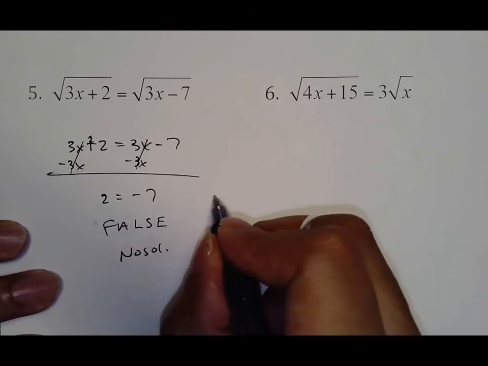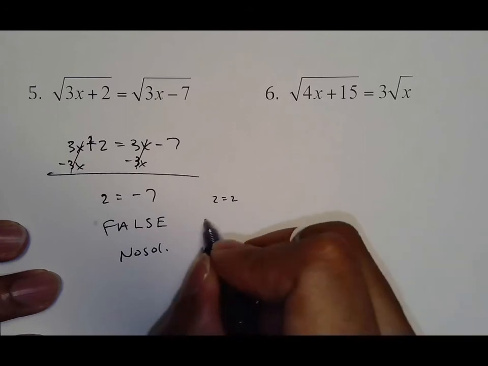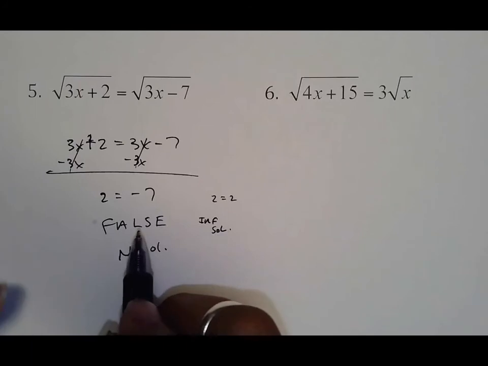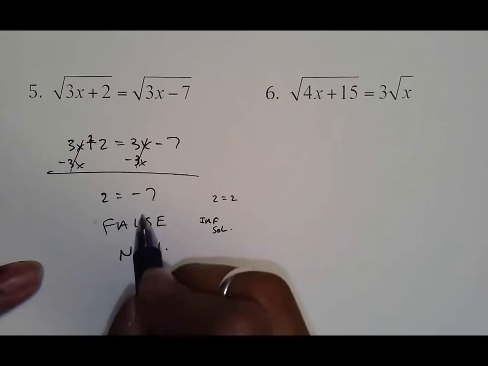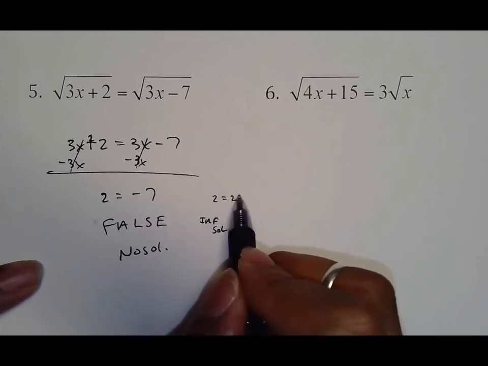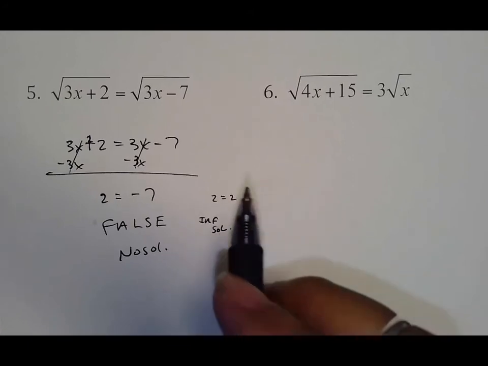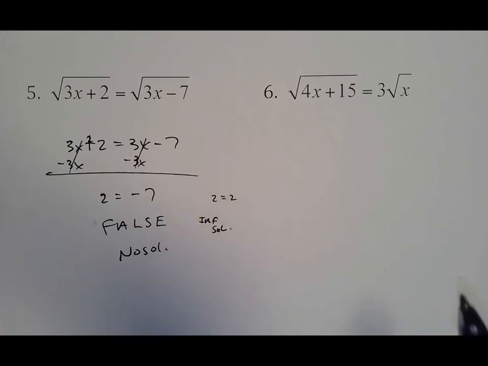If that would have been something like 2 equals 2, then it would be infinite solutions. So again, false, no solutions, because it'll never be true. If it's a true statement, that means it will always be true, which means you have infinite solutions.